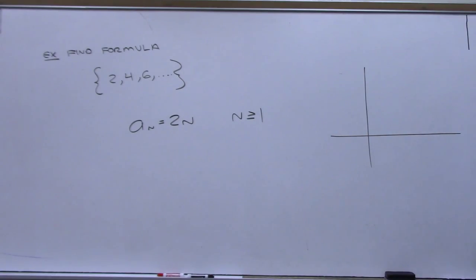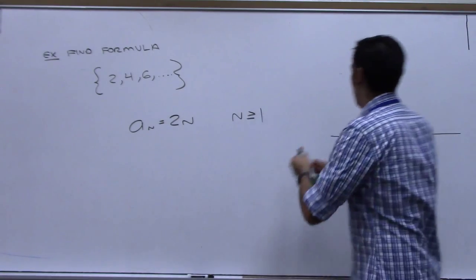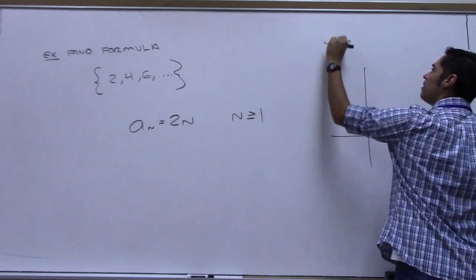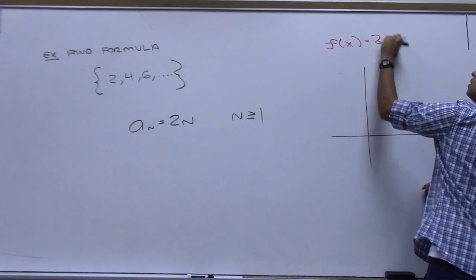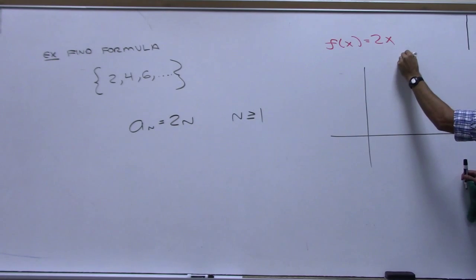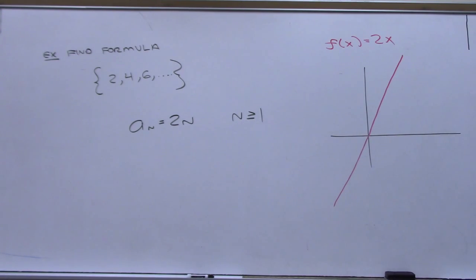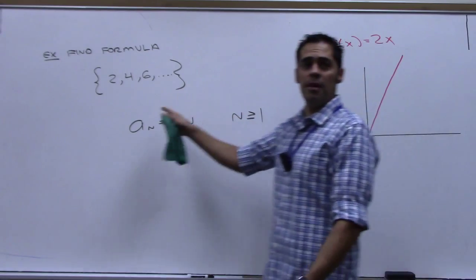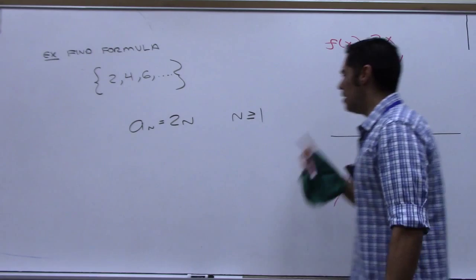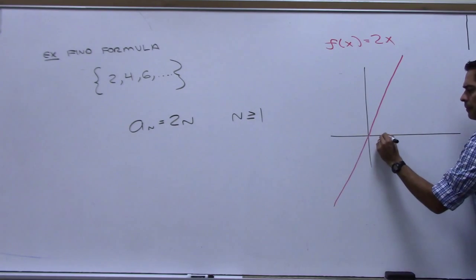So going back and just trying to reiterate what we have here. If I asked you to graph f of x is 2x, everyone would draw me this line, wouldn't they? That's the function f of x defined on all real numbers. If I asked you to graph this sequence, it's still a function, but it only exists where?